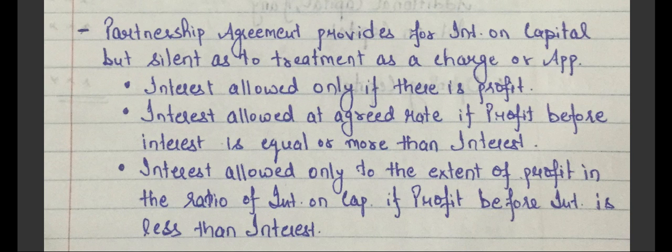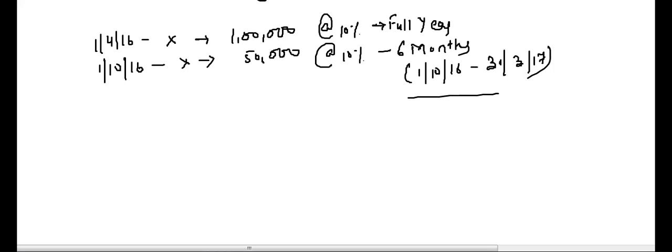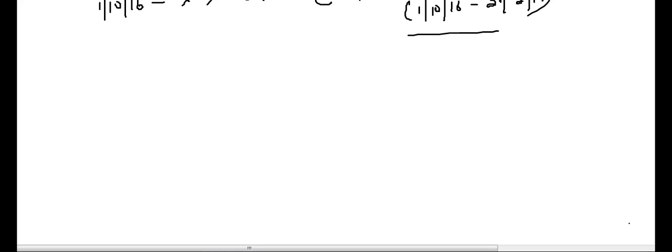What it says, suppose we are preparing profit and loss appropriation account. So it is given that I have a profit of say 50,000.